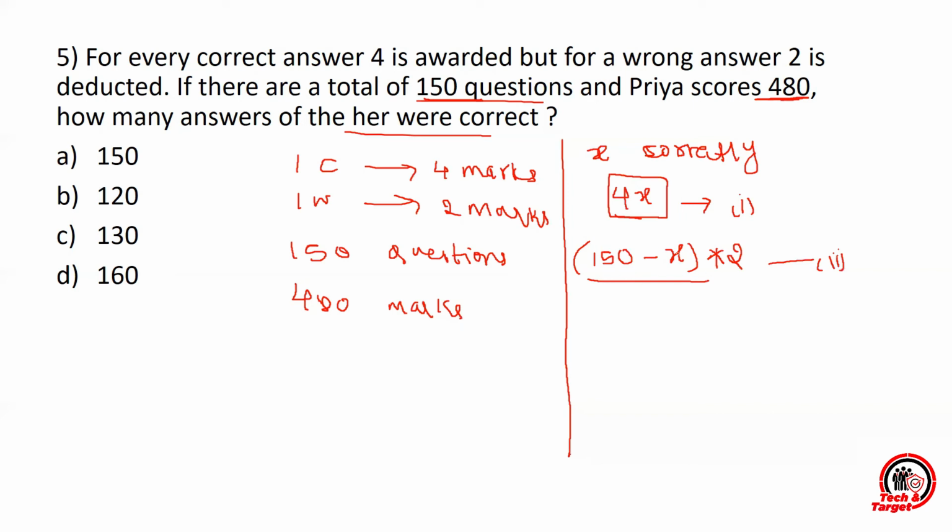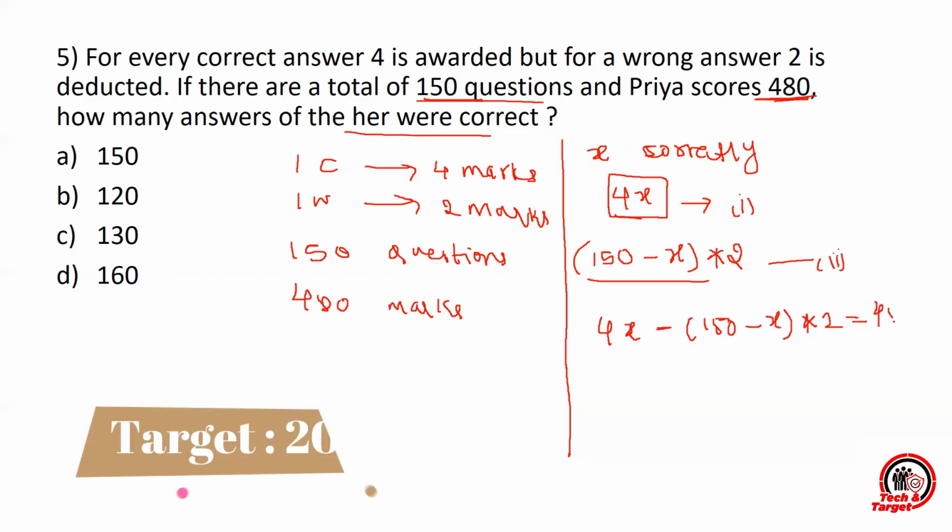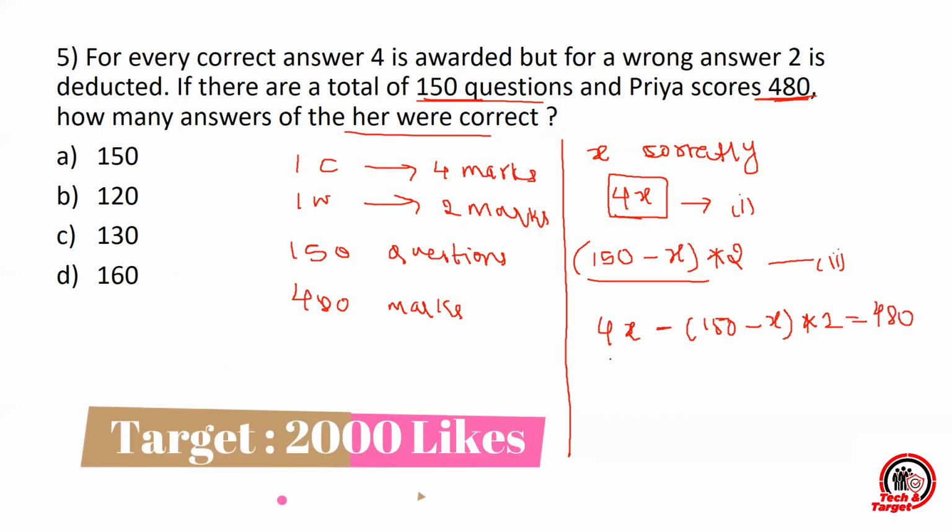So the marks that she had got, minus the marks that she lost from the wrong questions, will be equal to 480, isn't it? So what do I mean by that? I mean 4x minus (150 minus x) into 2 will be equal to 480.